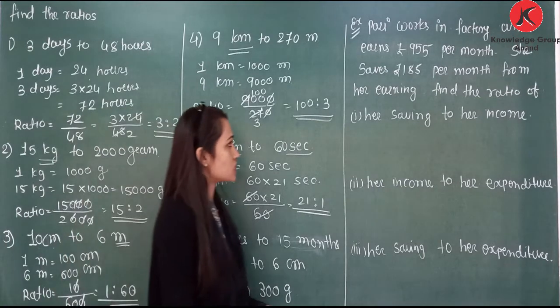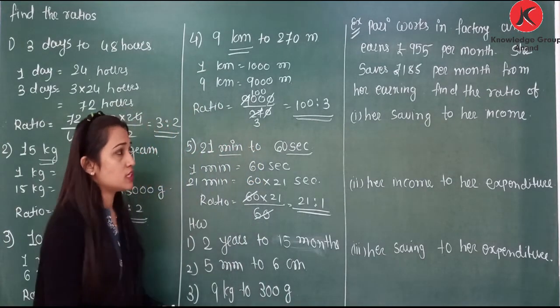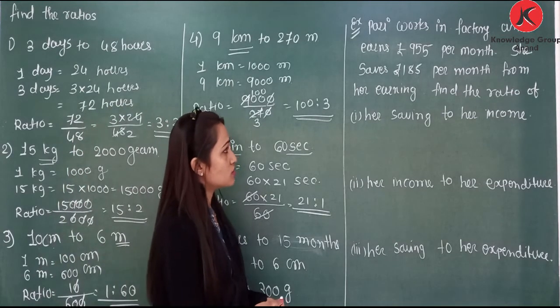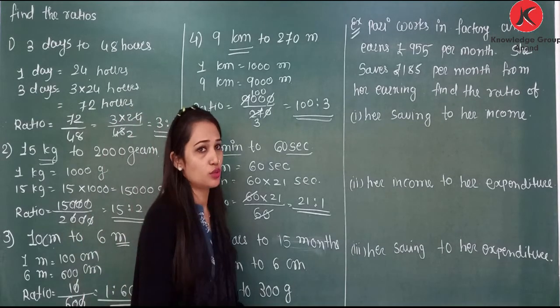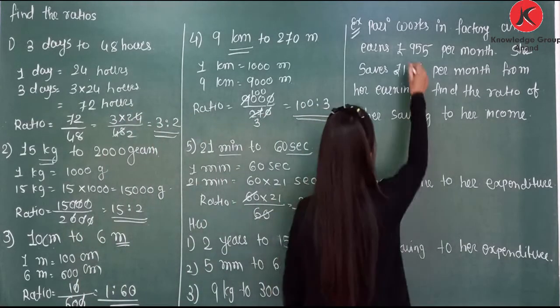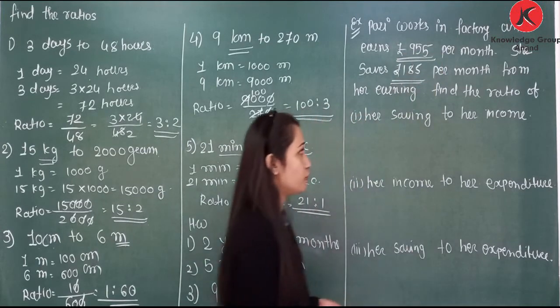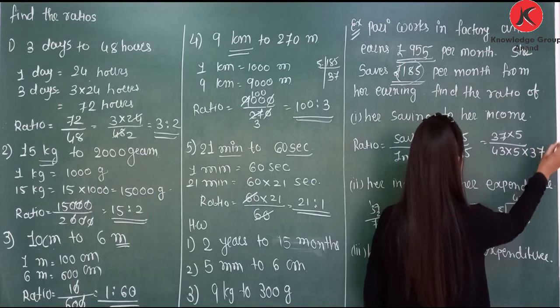Next, we also solve this kind of example in which Pari works in a factory and earns rupees 955 per month. She saves 185 per month from the earning. Find the ratio. This is the income, this is the saved money, and we need to find the ratio.